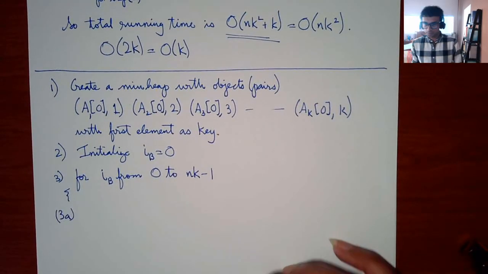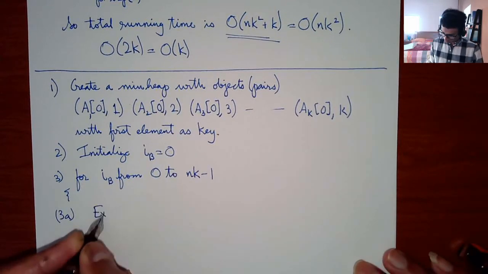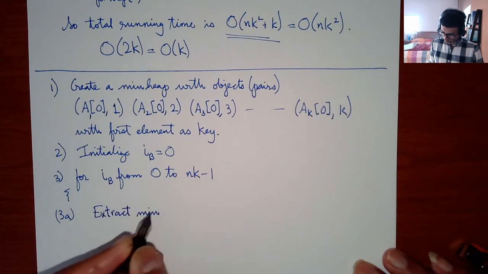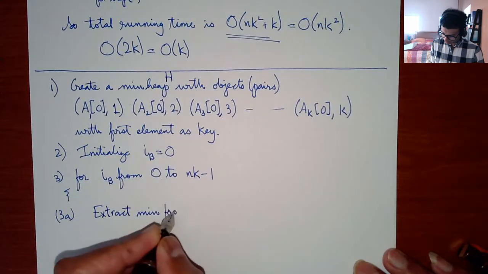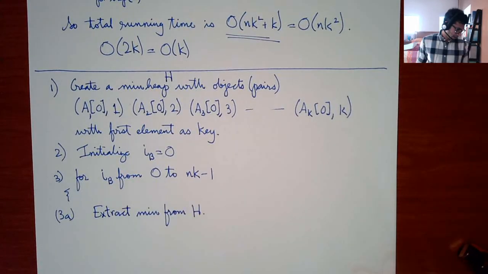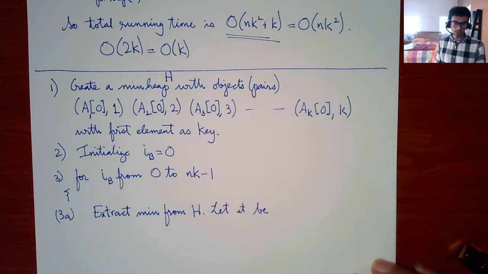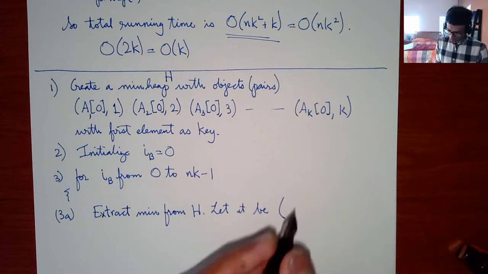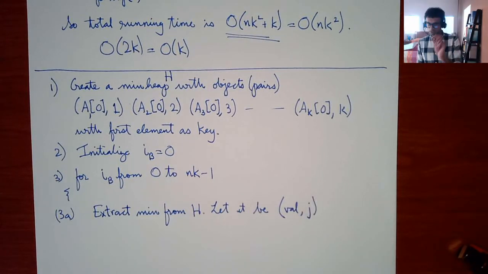Step 3a is extract min from h, the min heap that I'll call h. Let it be a pair. I'm just denoting what the pair is. The pair is, I'm just going to call it val, comma, j. It's going to be a pair where there's a value and there's a j. There's an index.